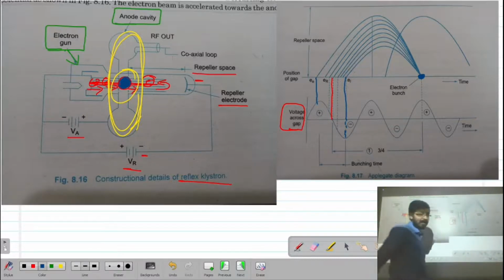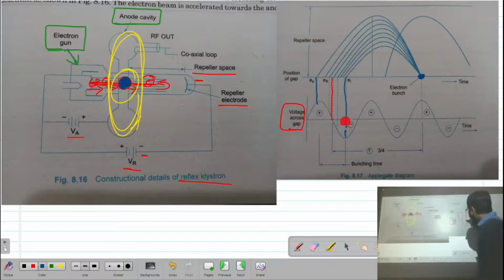Remember, when an electron is moving from this point towards the repeller, due to the negative potential applied at the repeller electrode, the electron will come back. They will come back with respect to the position of interaction with the signal, that is the late electron, reference electron and early electron.